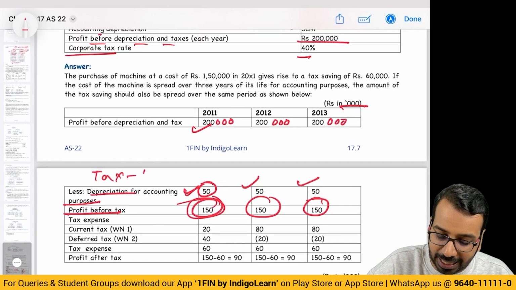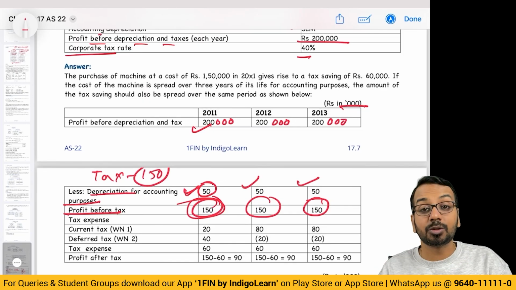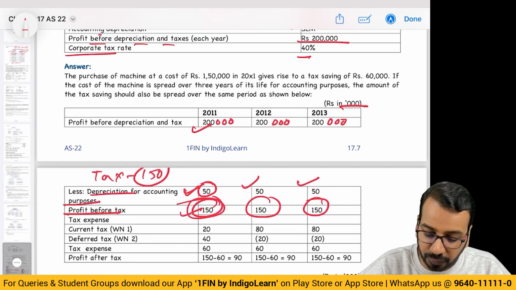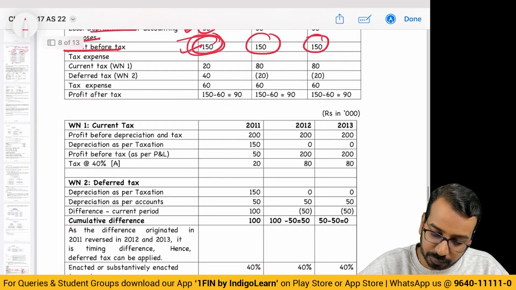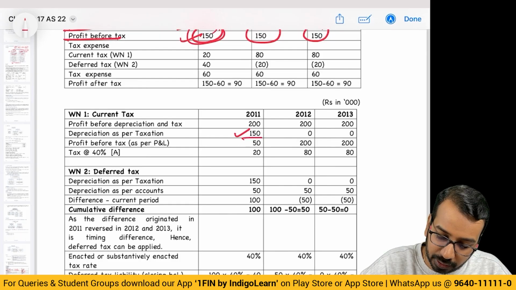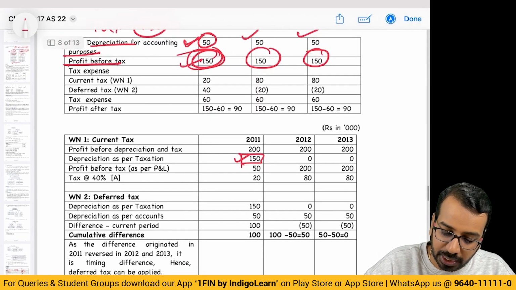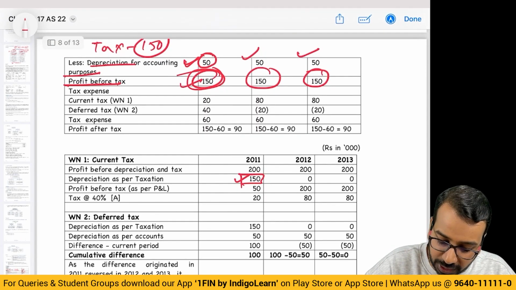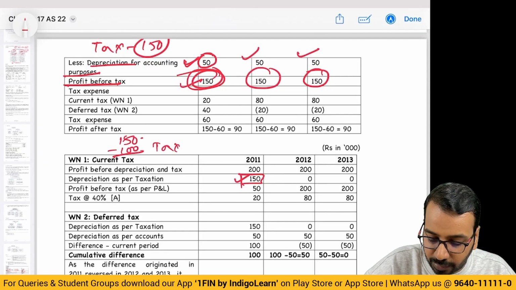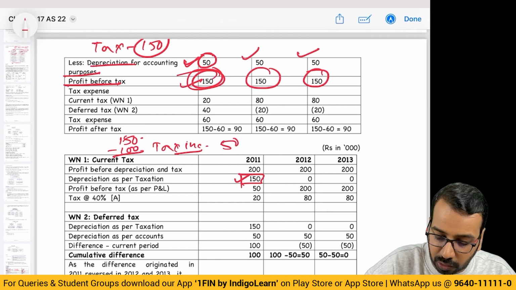Tax says take 150 as depreciation. Means what? 100 of extra depreciation. So 150 is the total depreciation. Profit before tax is also 150. You get extra 100 of depreciation. So taxable income is 50.